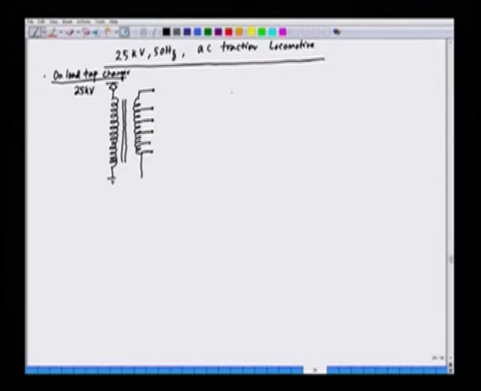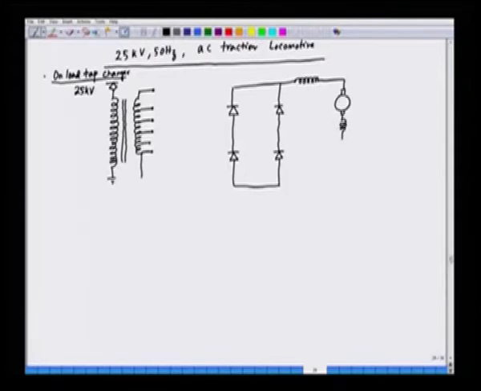And we have a simple diode bridge rectifier here, a high power diode rectifier. And then we have a filter, and then we have the traction motors, the DC series motors. So, let us say we have 4 motors here. So, we connect these motors in the following fashion.